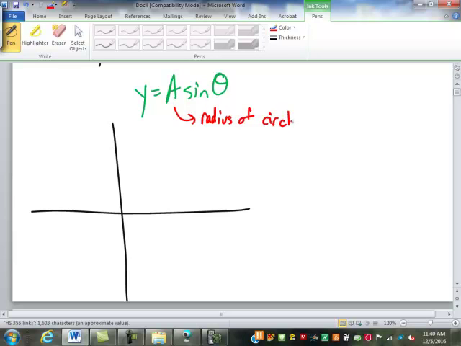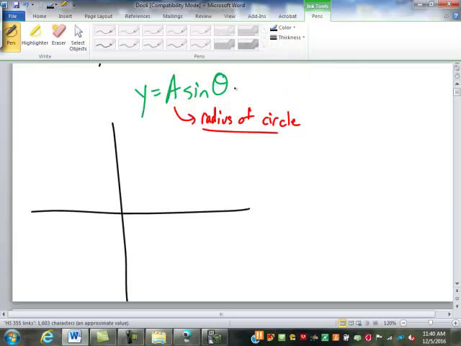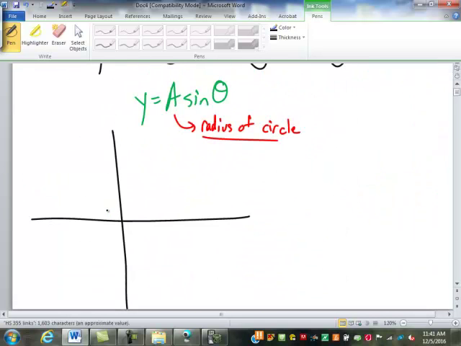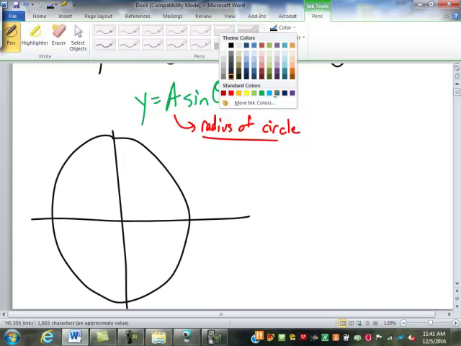And I can't say unit circle anymore because it's not a unit circle anymore, because it's more than one unit. You could think of this here, y equals sine theta, as having a 1 there. It's 1 times the sine of theta. That circle had a radius of 1. Now our circle is going to have a radius of a.